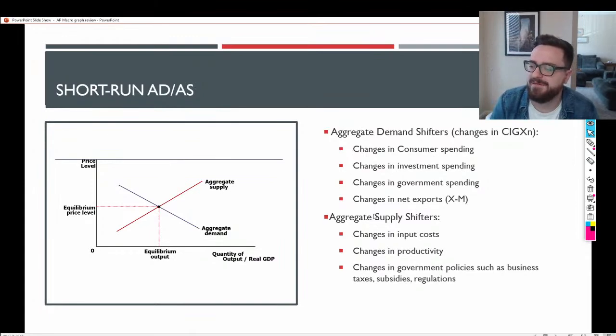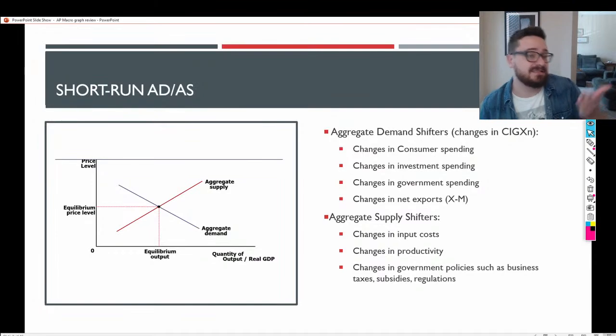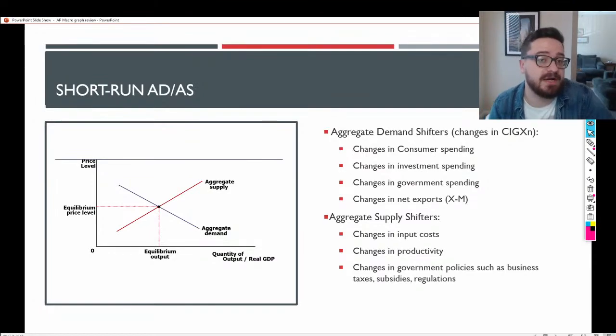For short-run aggregate supply, things that I mentioned in class would be changes to the cost of labor, changes to the quality of your labor, which would be input costs for the cost of labor, productivity for the quality of your labor. The price of natural resources is pretty common, like if gasoline gets really expensive, that hurts your aggregate supply quite a bit. And also changes in some government policies.